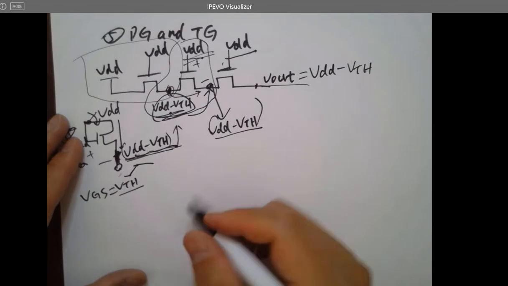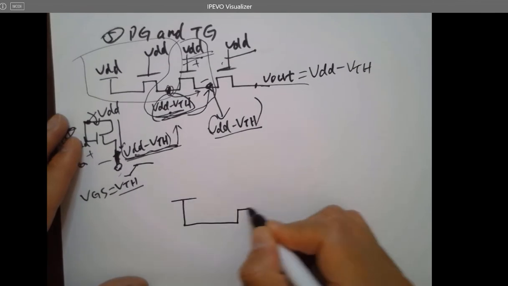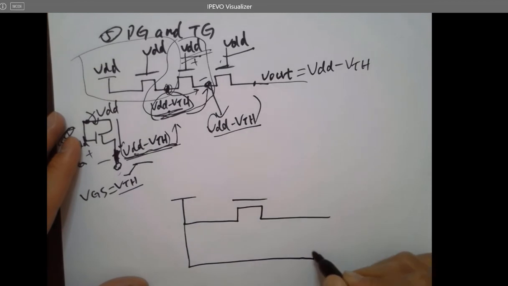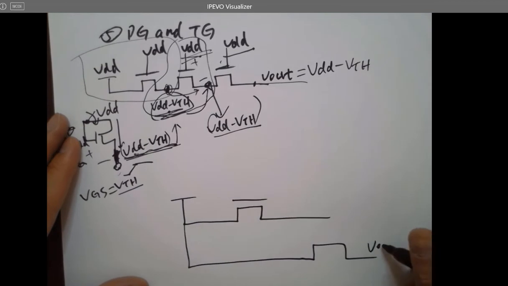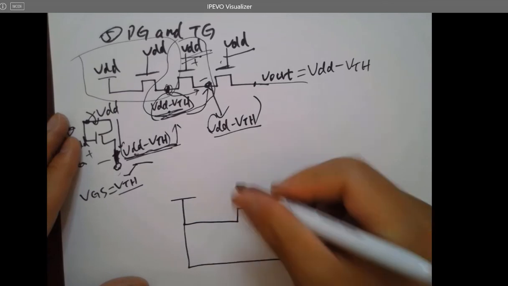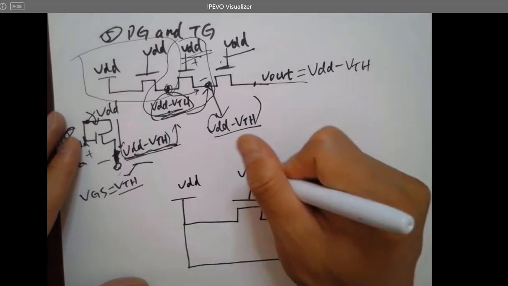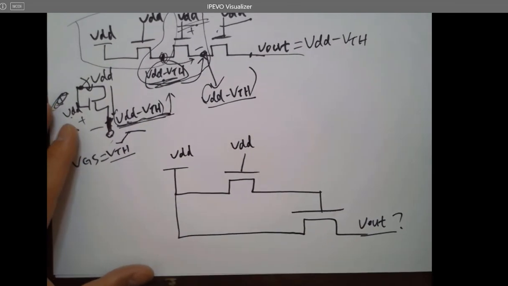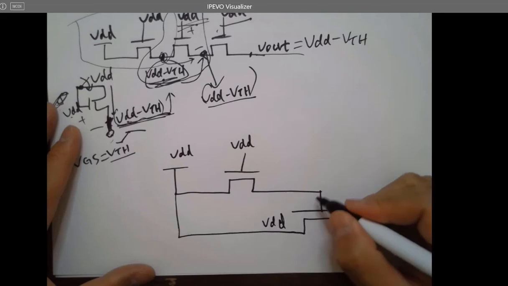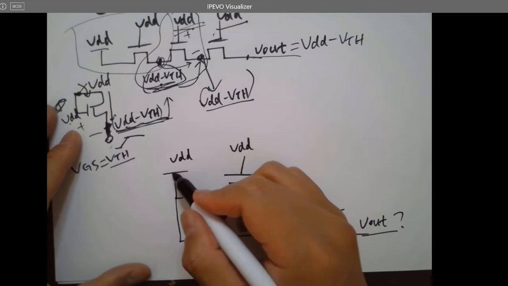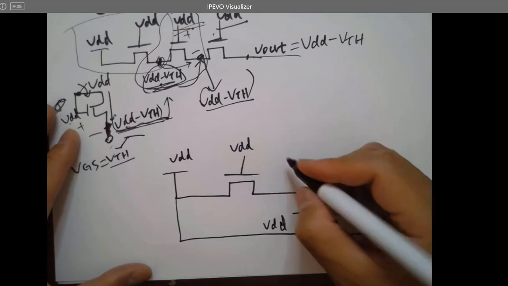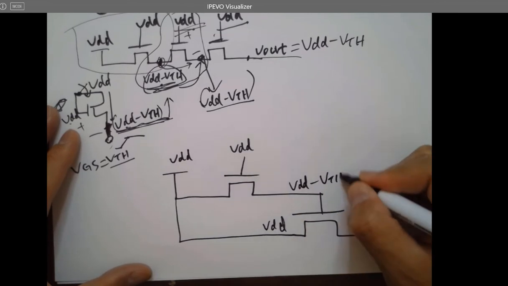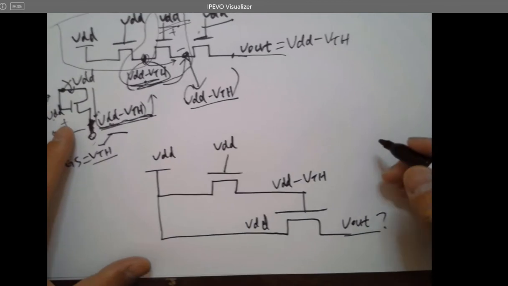But for another example, here's VL, here's a gate. So what is VL in this case? Is this VDD? However, the gate is not VDD because of the VTH drop. So the total voltage that will be passed to here is only VDD minus VTH, right?